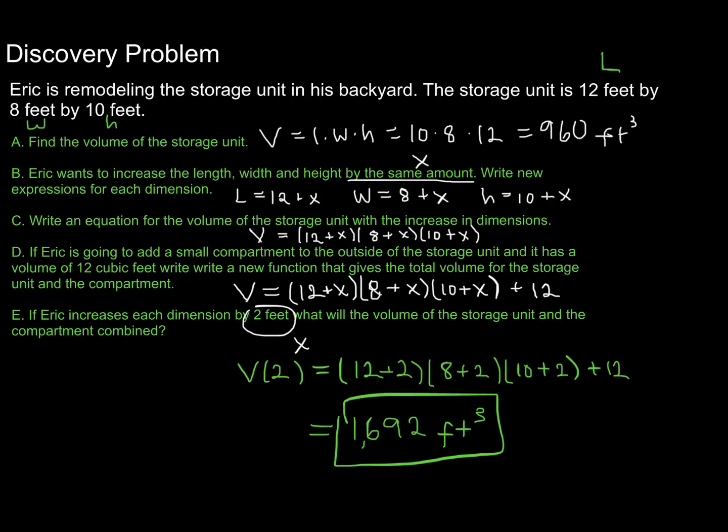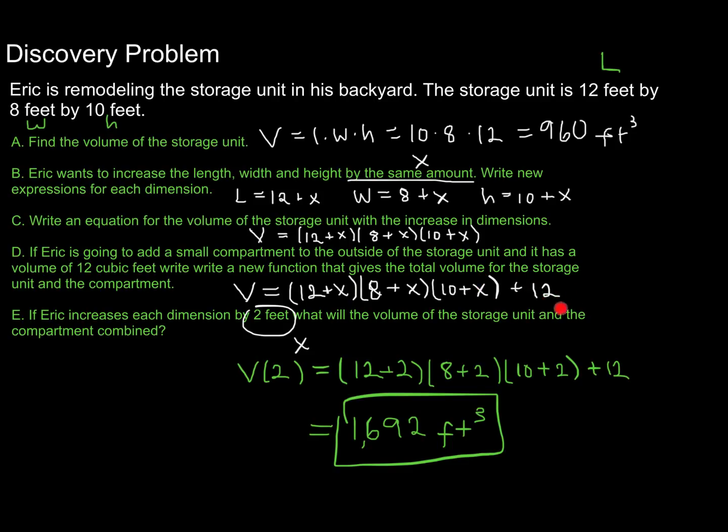So there are 2 things that we want to take away from this situation. The first is that we can construct expressions with a variable involved and use those expressions and formulas that we know, the volume formula in this case, to write a new type of formula that will give us a volume for our specific situation. We can also take these formulas that we've constructed and add in new pieces.